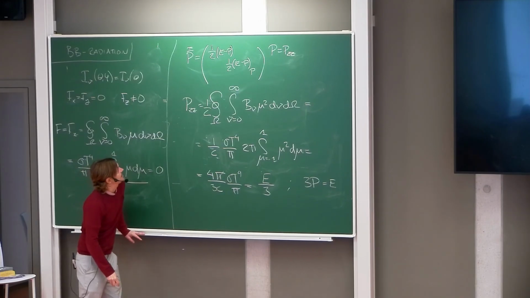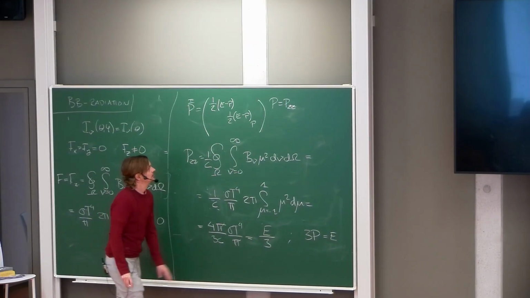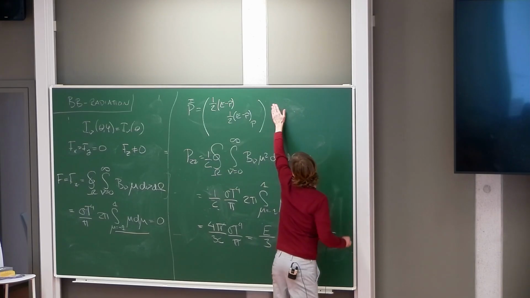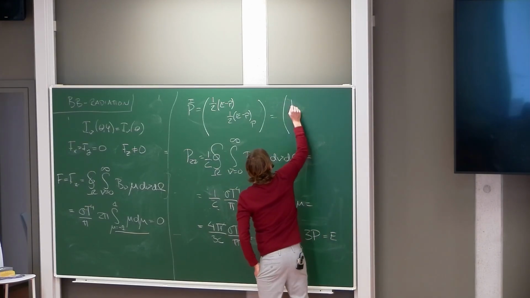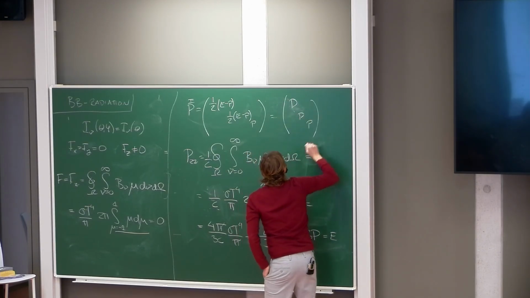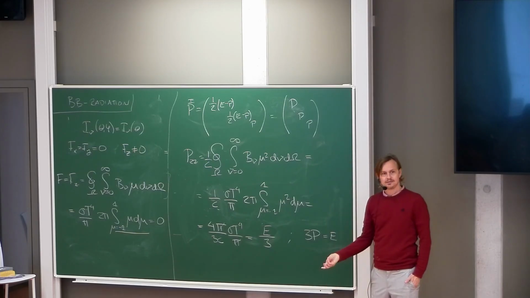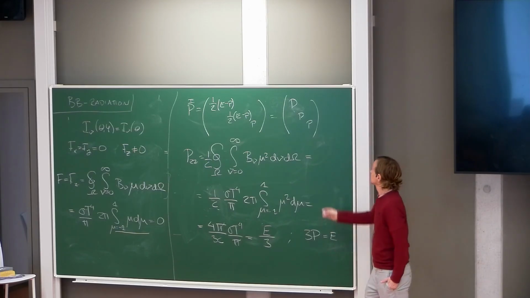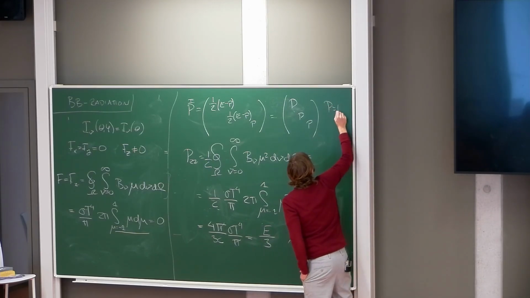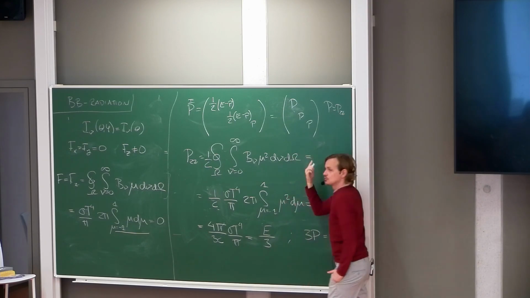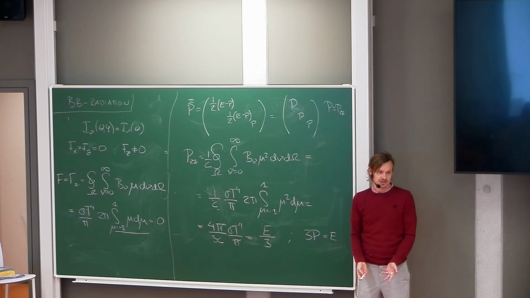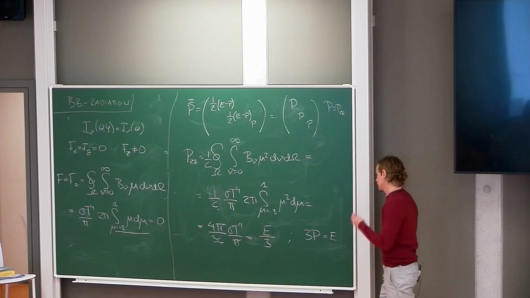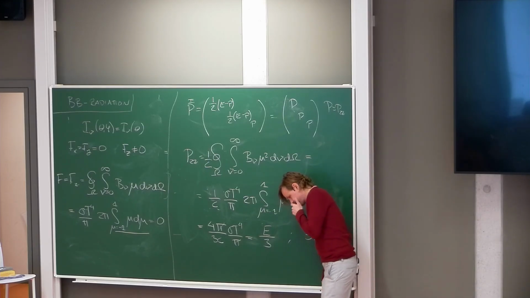So let's plug that into our tensor here. Then you see that indeed you get a diagonal tensor where the value is just that. This is what we call the isotropic radiation pressure in this case.